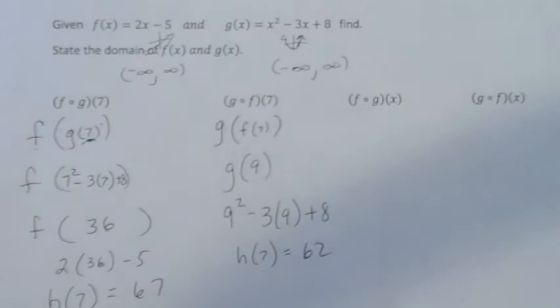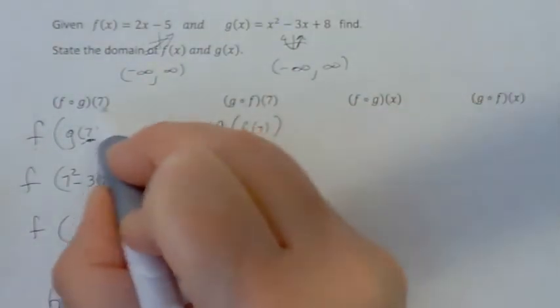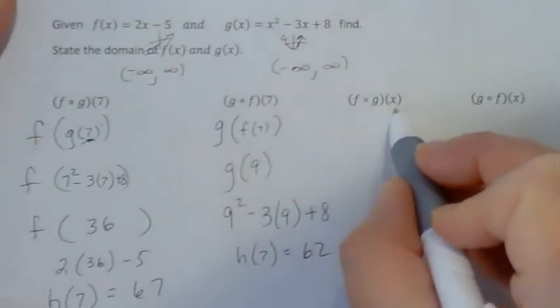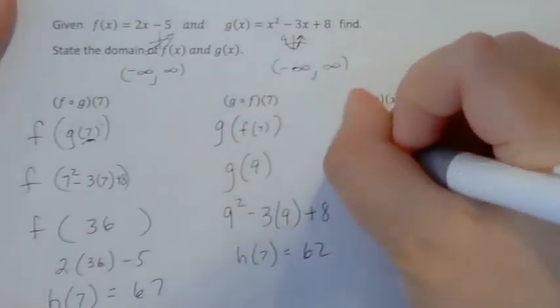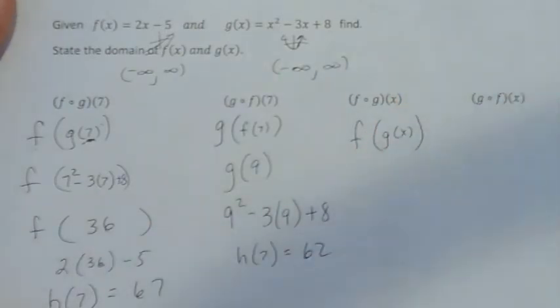Okay, let's do one where we're not really evaluating the entire function at a specific value. We're just evaluating at x. So this time I'm going to have to state a domain because I don't know an input value. I just know the input value is x. So here's how we get the domain of a composition function.